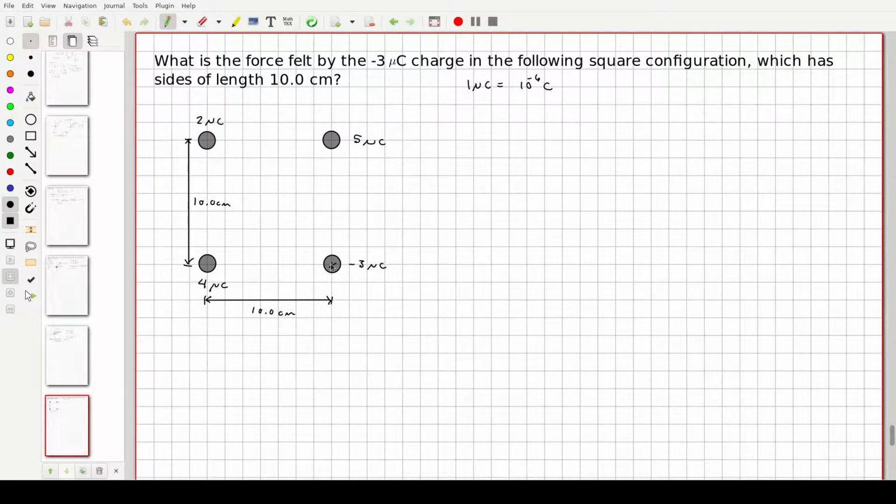Okay, I want to find out what the force is here. Now look. If I look at the 5 microcoulomb charge and the minus 3 microcoulomb charge, we know opposites attract. So the force here on that one is going to want to pull the minus 3 microcoulomb charge that way. I'm going to call this F1. So this is number 1.